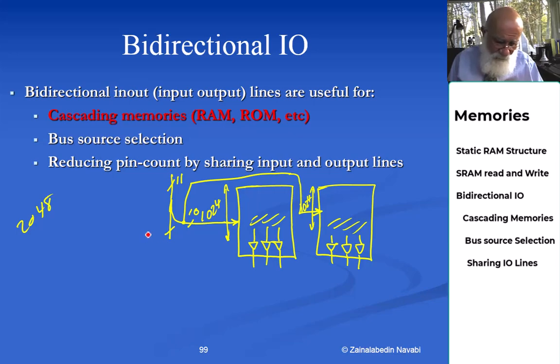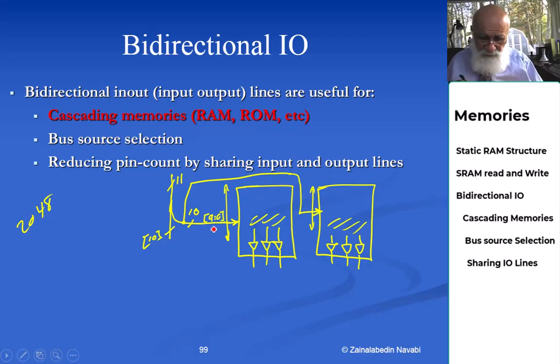This is bit number 10, and these are bits 9 to 0, 10 address lines. And this is a 1024 memory, this is a 1024 memory, and let's say it has 3 bits only.